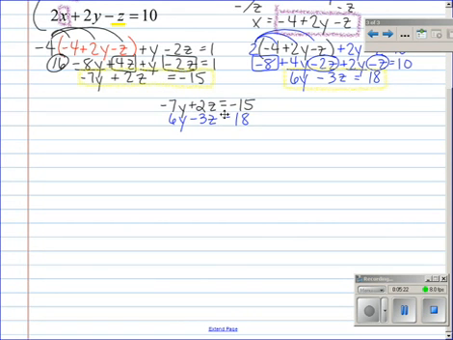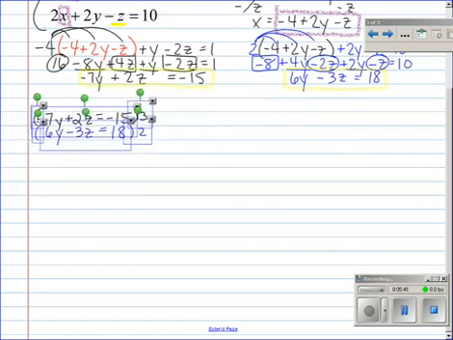I'm going to have to multiply both equations by something. So if I multiply this bottom equation by 2, and I multiply the top equation by 3, now the z's would have the same coefficient.